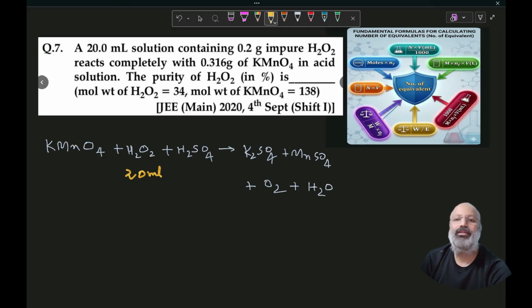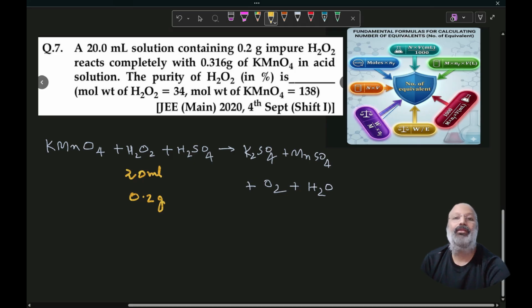And that is 0.2 gram. Now they are saying it is reacting with 0.316 gram of KMnO4 in a solution. Now we need to calculate the purity of H2O2 in percentage.